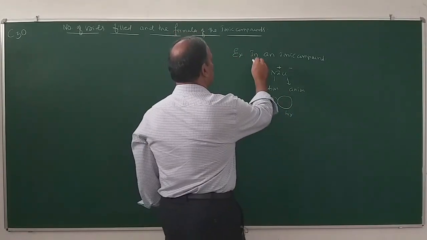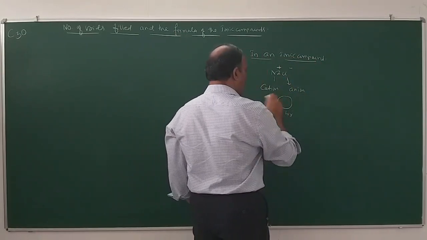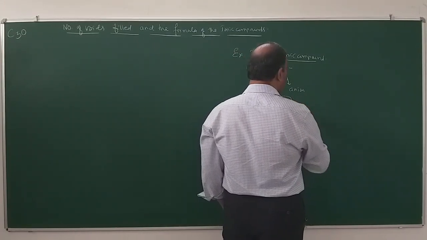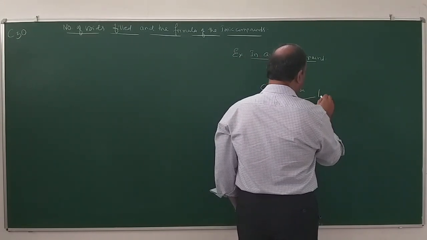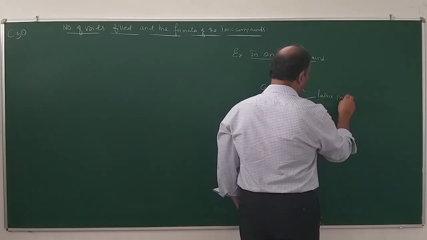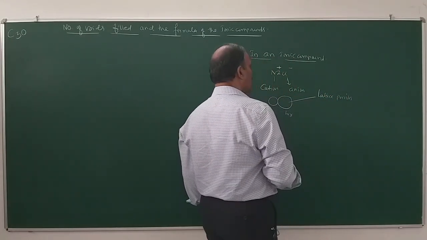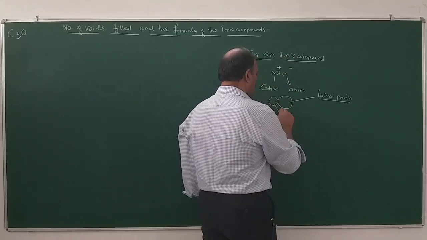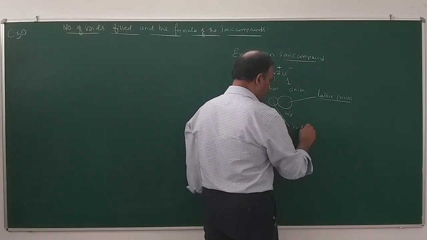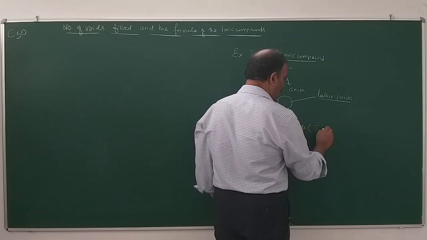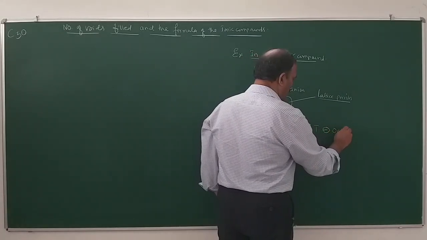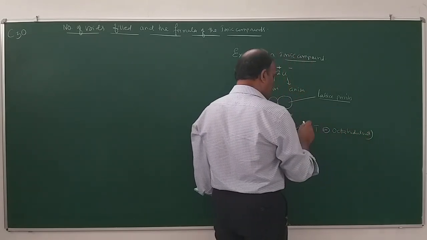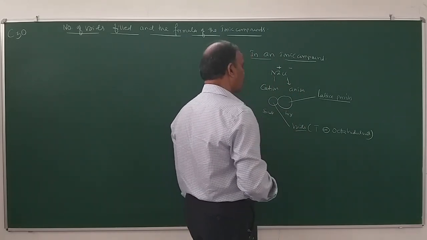So these anions, since they are bigger particles, occupy space lattice, they form lattice points. So in an ionic compound, the bigger ions form lattice points and the smaller ones will occupy voids, either tetrahedral voids or octahedral voids, depending upon the size of the particles.